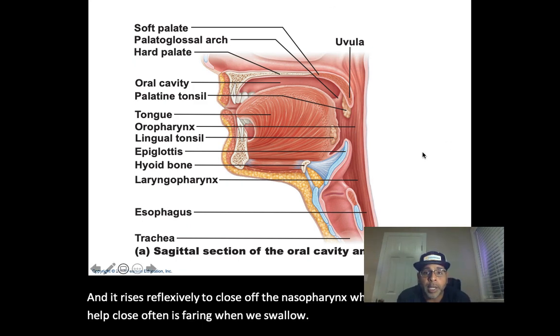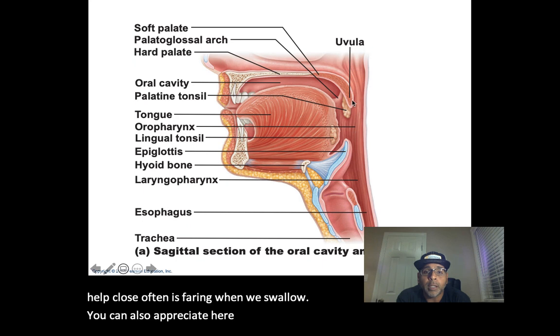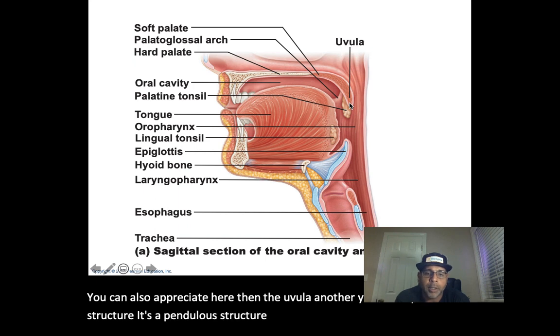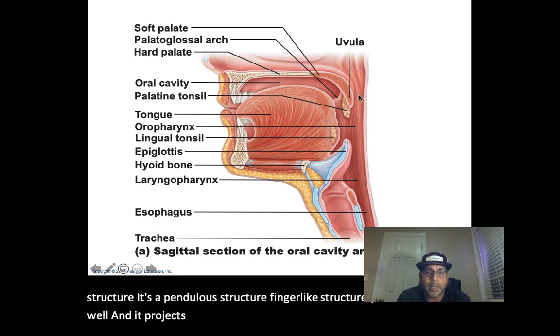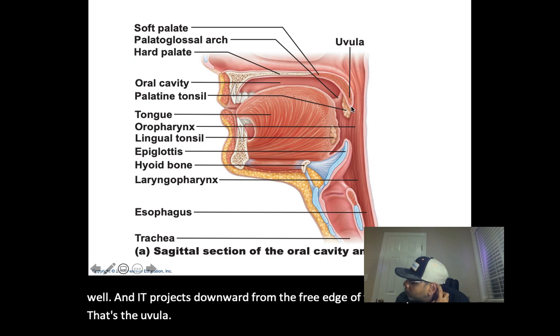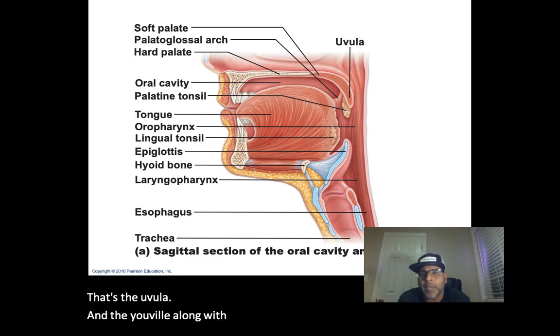You can also appreciate here the uvula. The uvula is a pendulous, finger-like structure, and it projects downward from the free edge of the soft palate. The uvula along with the soft palate help to block off the entrance into the nasopharynx.